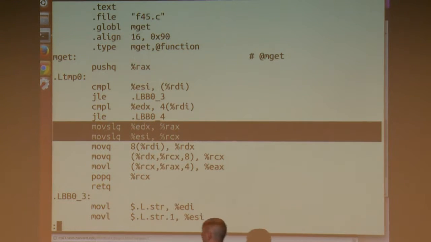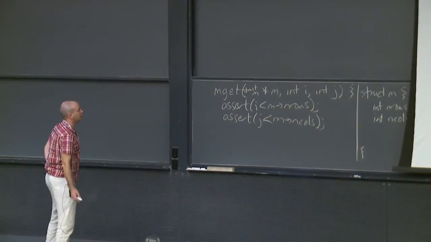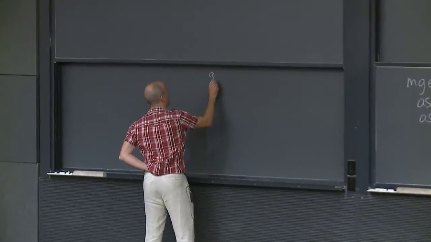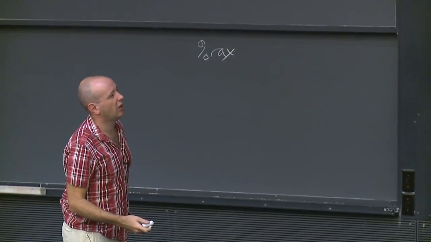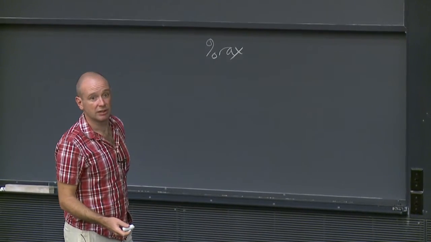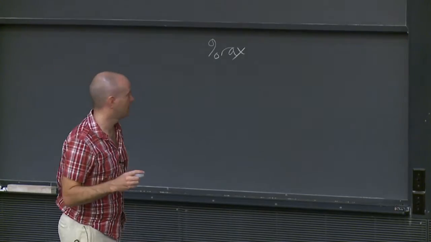Yep. So let's take a little tabulation of what we know. I'm not going to copy all of the lines of code, but we know right now that RAX has the sign extended version of what? J, right?